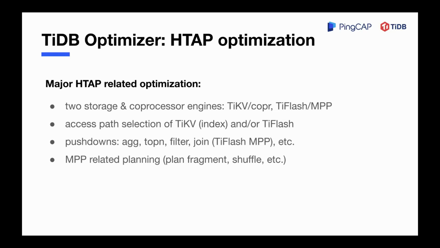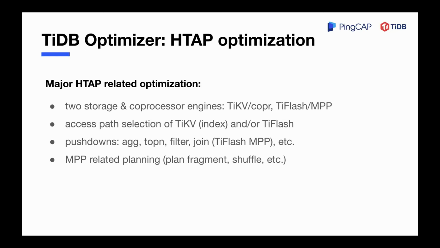And the third one, we need to define what we can push down to the storage engine. As I mentioned, we do have a coprocessor with both TiKV and TiFlash. That means we can push down certain computation to the storage, so we can have close or near storage computation. That's also important.